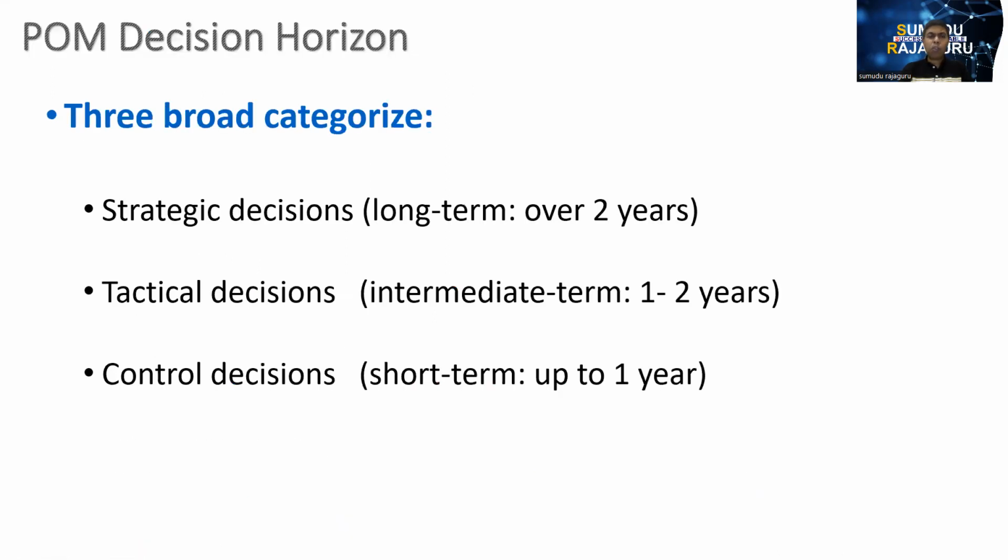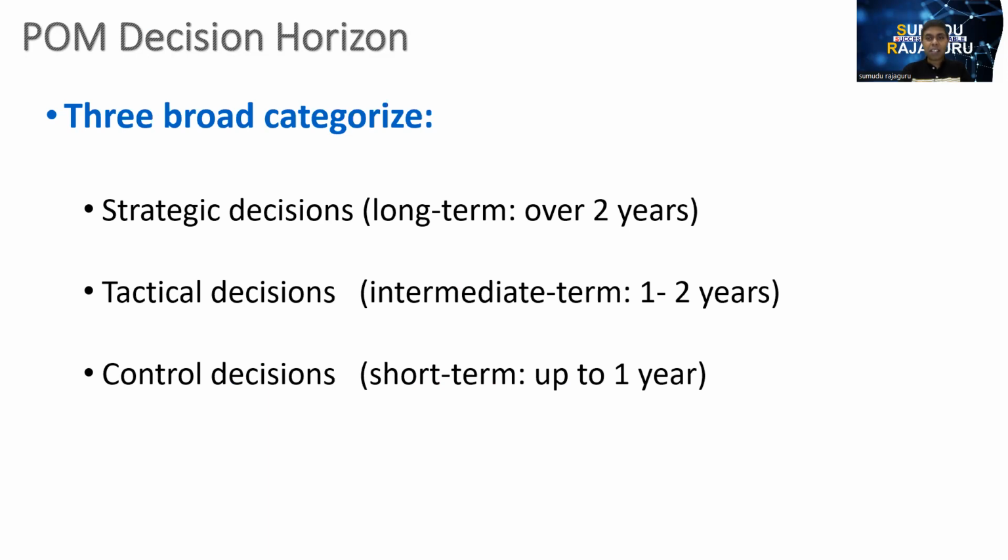When we talk about operation management, we have to make decisions at different levels. There are mainly three decision horizons. The first is strategic decisions, which are long term, for example decisions we have to make considering over 2 years.